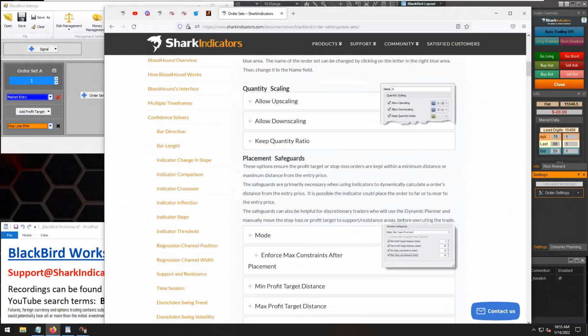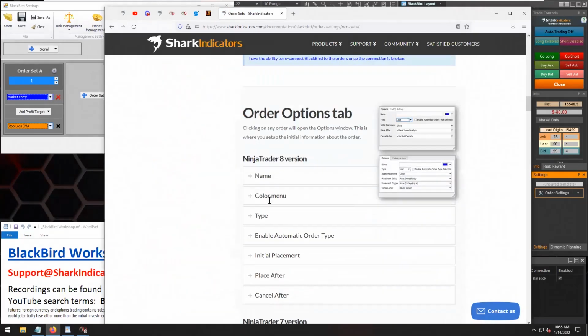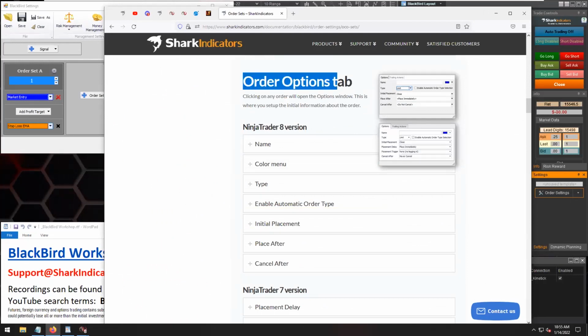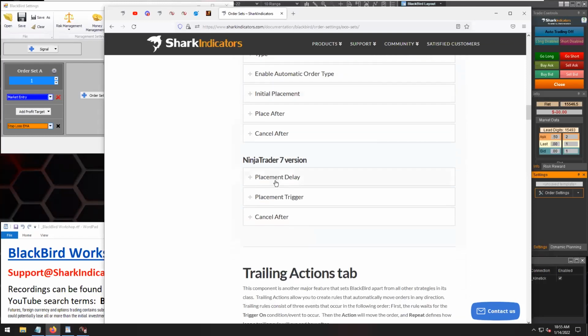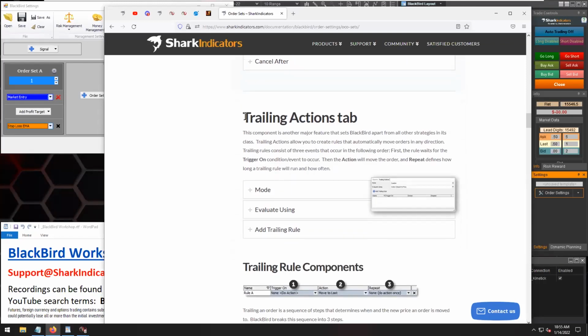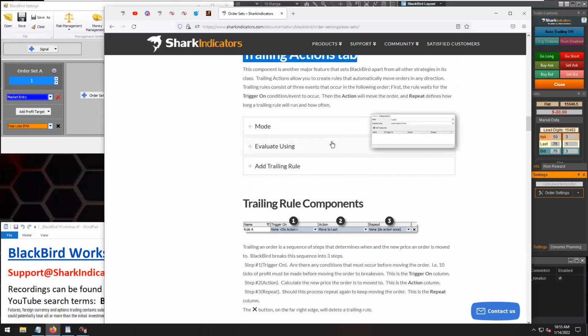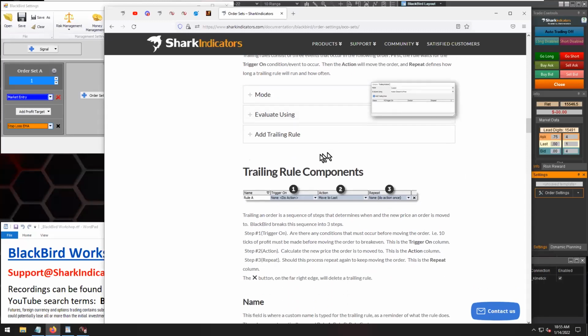If I scroll down, here's the order options tab. And if we keep scrolling down, here is the trailing actions tab. Everything below this gives you a written explanation of all the trailing rule components.